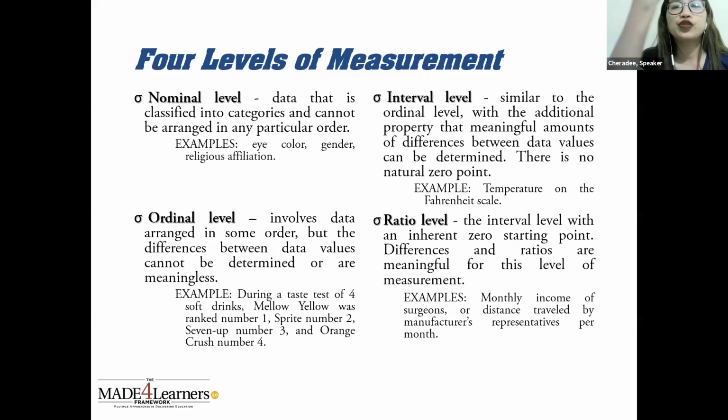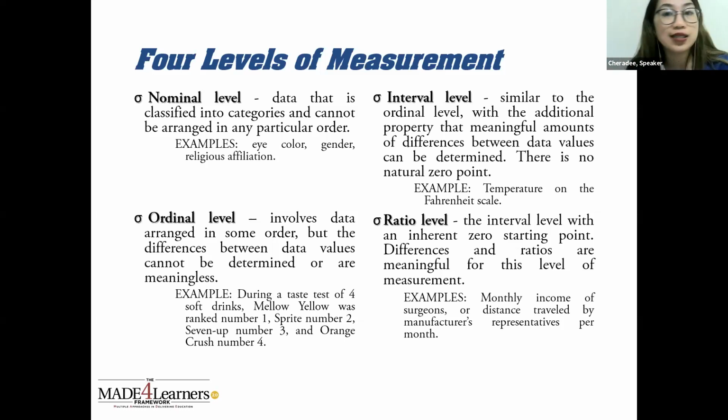Now it goes higher, and it levels up to the next type of level. The next level is the ordinal level. By the keyword order in ordinal, you're actually categorizing your data into a certain order. But the differences in the order are meaningless.